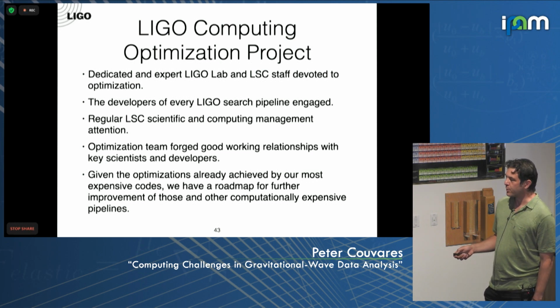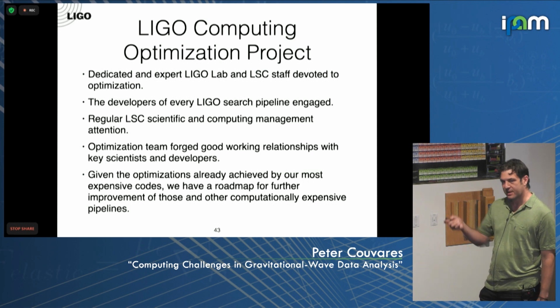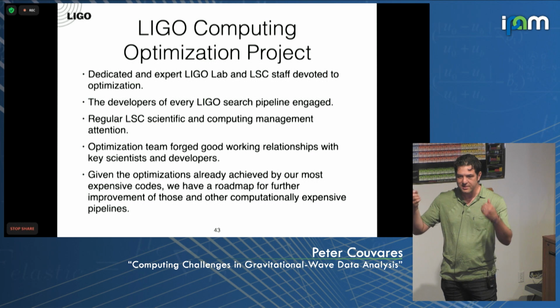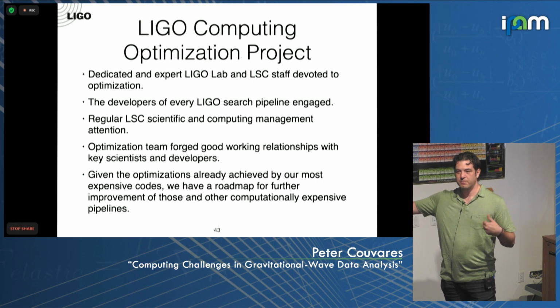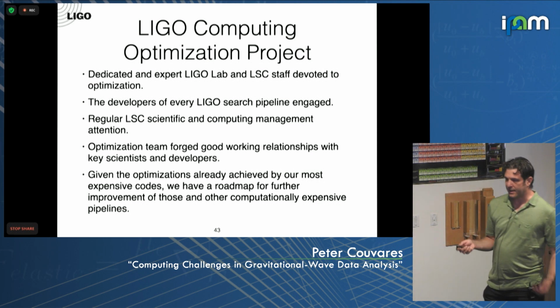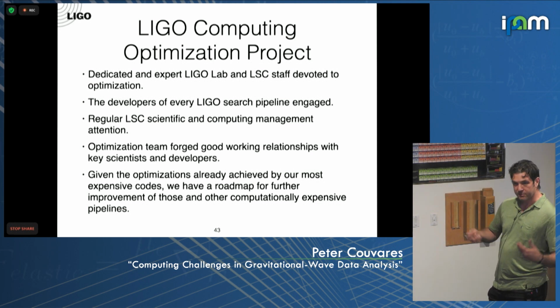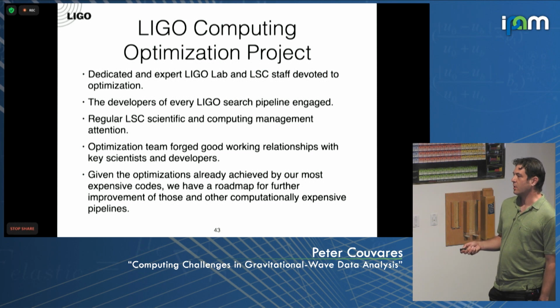Over the past 7 years, we've forged good working relationships with, as I said, these 90 searches and 60 pipelines. Each one is written and managed by and large by a single LSC group or a small group of them. We've had to get to know and work with every one of these groups, and successfully optimized enough of our codes that we have a roadmap for how to do this.